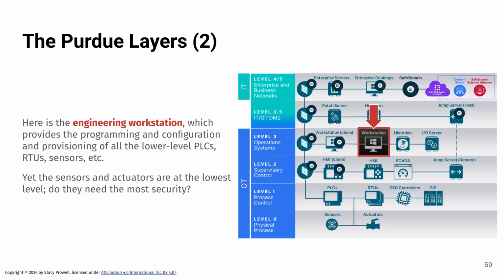If I get access to that, it seems like the game's over. And so does this stuff down here need more protection? Right? Do my sensors need more protection than this engineering workstation? Feels like I've, in some ways, almost inverted my security, right? So maybe that's not the way I should be doing it.